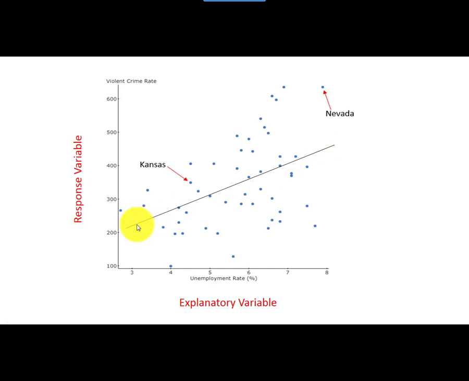You might have heard your algebra teacher call it that before. We'll call it something slightly different in a future video, but for now we'll call it the line of best fit. So you can see that there is a slight trend: as the unemployment rate is increasing in these different states, the violent crime rate has a slight increase as well. Although it's not a perfectly linear relationship, we do see that slight trend is evident.